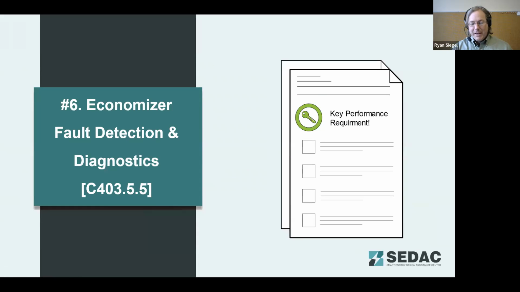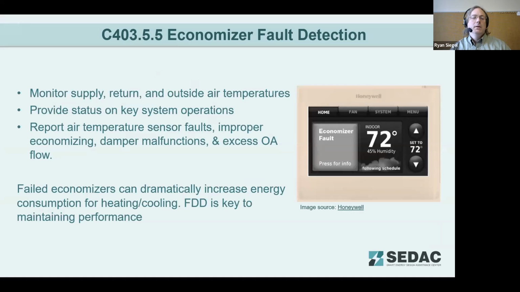Economizer and fault detection. So here we're extending this a little bit more. This is for buildings that would not necessarily cross that 100,000 square foot threshold where you have to have the entire system monitored. But on smaller systems, we do need to make sure that we are monitoring that economizer.